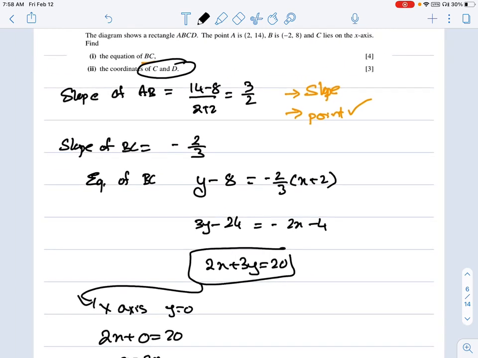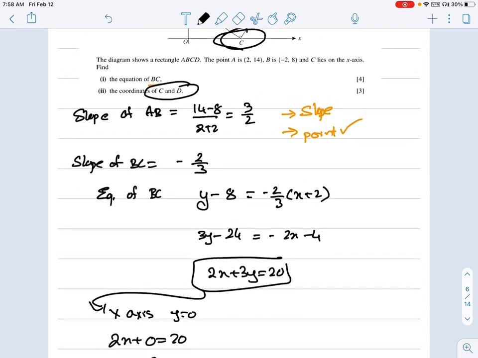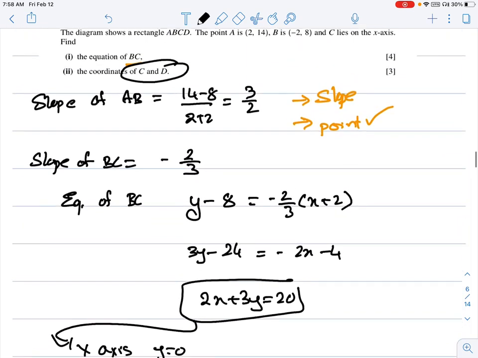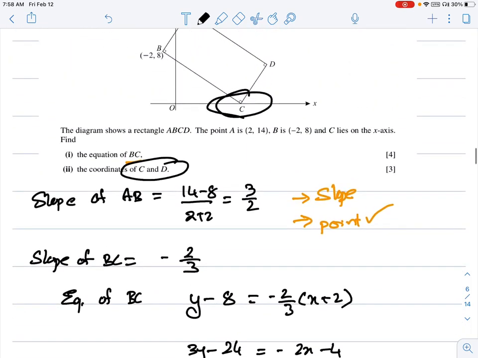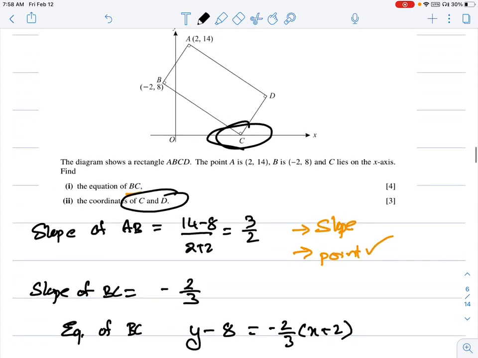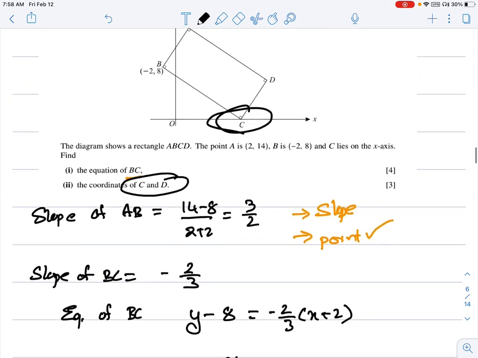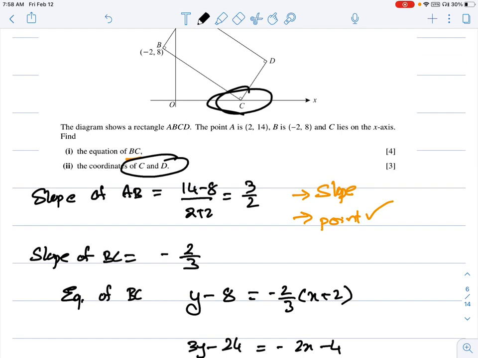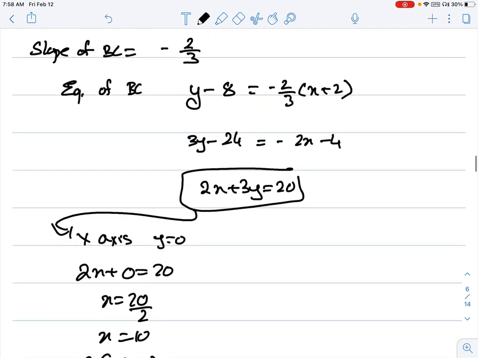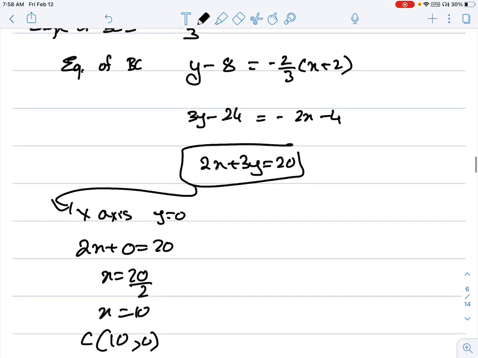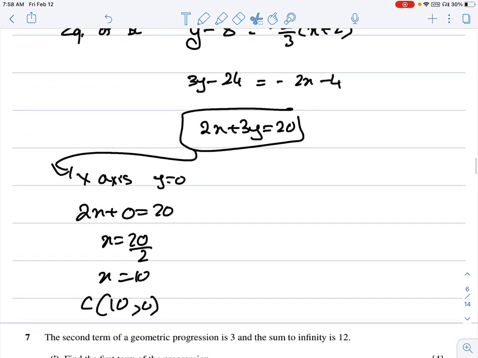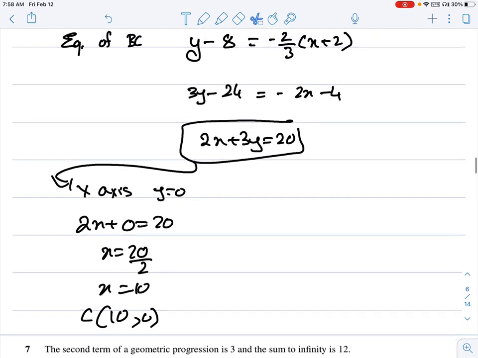Now I need to get the point D. C has already been found, so I will be finding the value of D. For that, first let me make this one smaller so that I can create space for it.